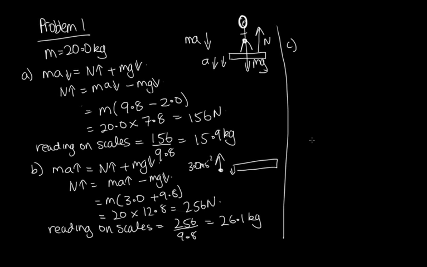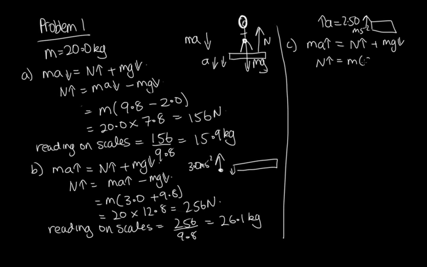In part C, we're told that the lift is now travelling upwards, and it's accelerating upwards at a rate of 2.50 meters per second squared. And so once again, we just do the same thing. We've got Newton's second law. The mass times the acceleration, which is upwards, is equal to the normal force, which is upwards, plus mg, which is downwards. And so the normal force is equal to the mass times the acceleration upwards minus g going downwards.